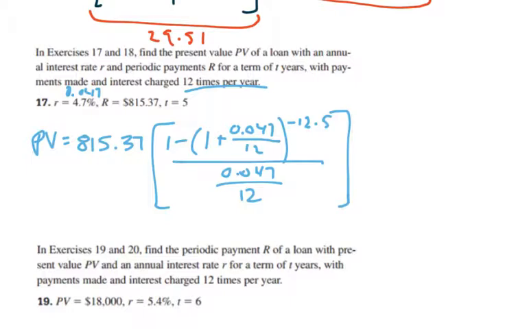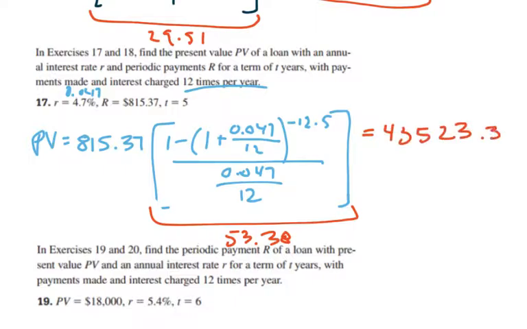So for this piece, we get about 53.38 for that value, which we then multiply by 815.37. And so we get 43,523.31.